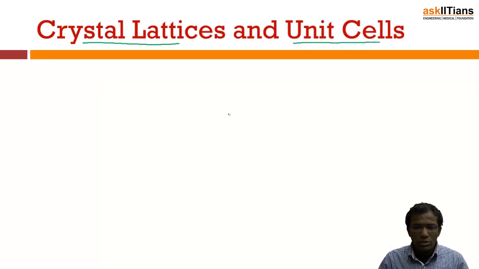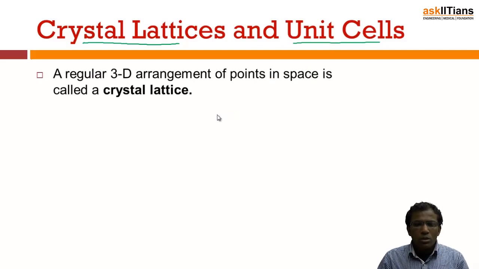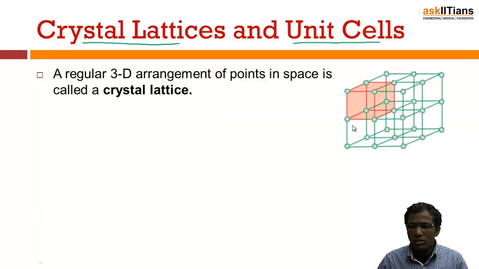Okay, so let's start. A crystal lattice is a regular 3D arrangement of points in space. It is a regular 3D arrangement of points. You can see in this figure, this is one point, and another point.